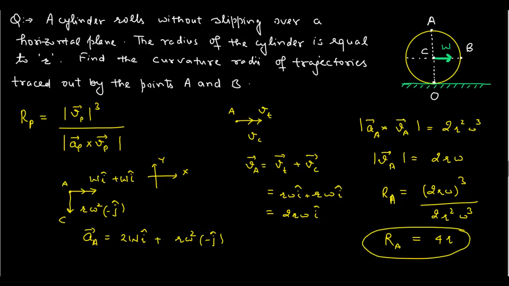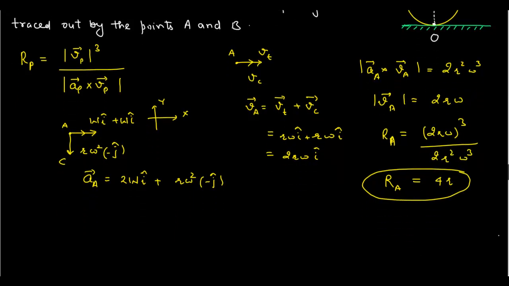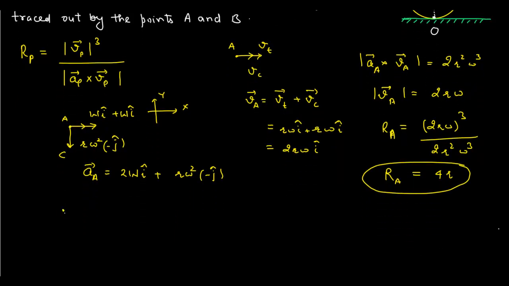Now we can solve this problem in another format, as I have told you earlier, from the inferred result case. Let this be point A, clear, and the velocity of point A is equal to twice the velocity of the center of mass from the concept of rolling, and the centripetal acceleration is acting toward the center. So this is point A, and the centripetal acceleration magnitude is equal to r omega square.